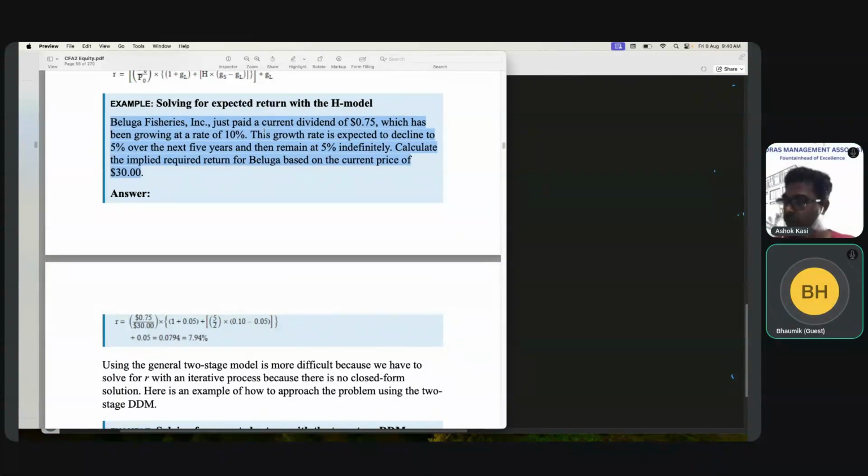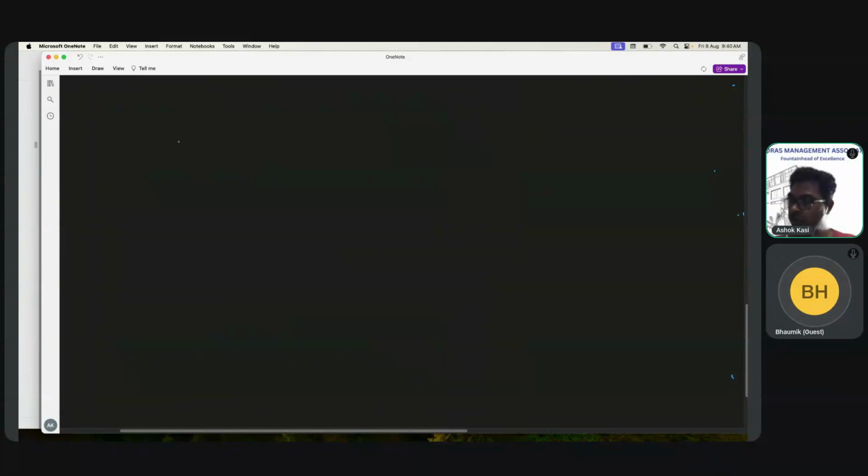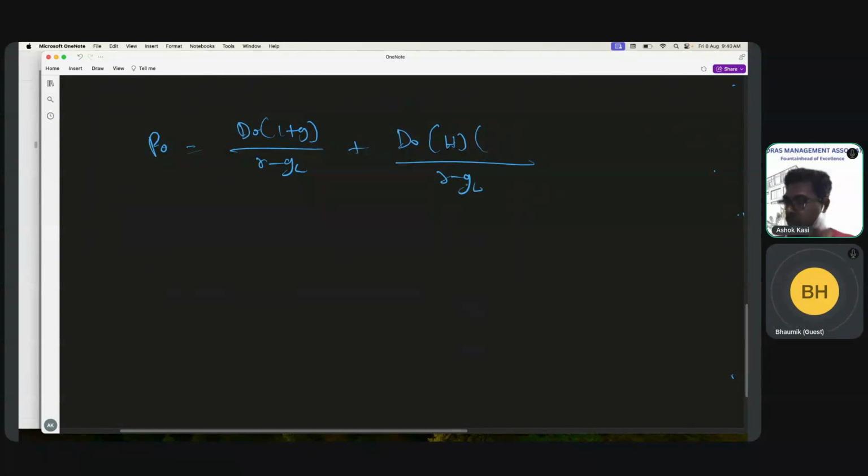Under the H model, P0 is equal to D0 into 1 plus long-term growth, divided by R minus long-term growth, plus D0 into half, short-term growth minus long-term growth.